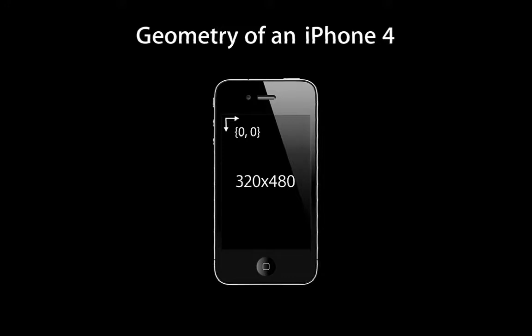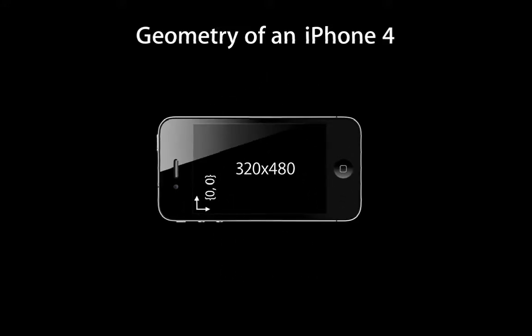Now, things get a little more complicated if you start asking Core Animation for screen geometry, because Core Animation doesn't actually deal in these UIKit points. So if you were to ask Core Animation what the size of the screen is, it would actually report a larger size. So we'll see that in just a second. But the one important thing to note about the screen geometry is that it does not change when you rotate the device.